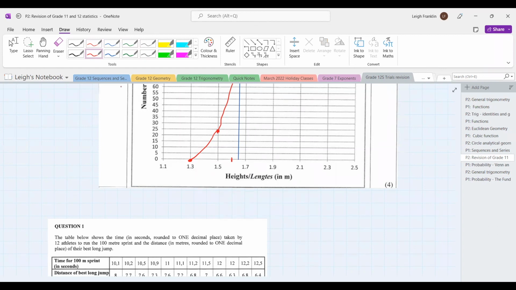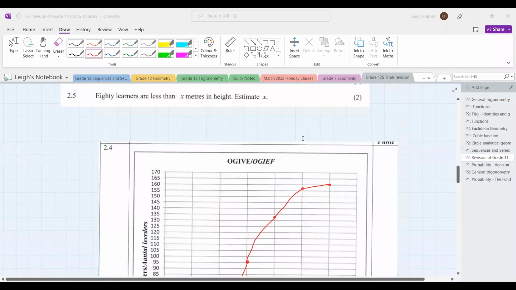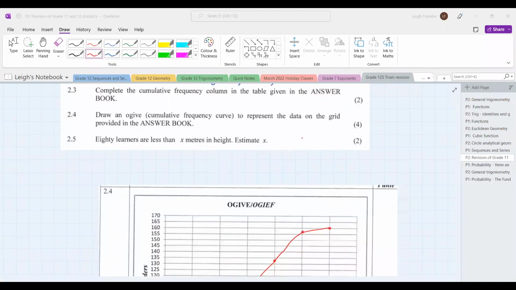So 1.63, 1.64, do you agree? Yeah? There we go. They would give us a little bit of leeway either side.